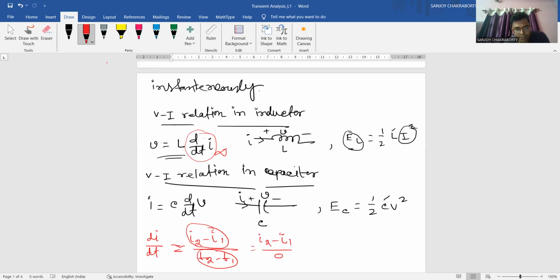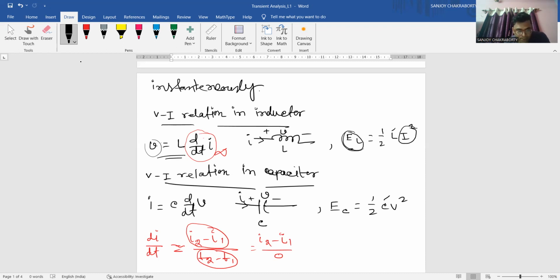That means to change current instantaneously in inductor, in zero time, we need an infinite voltage, which is practically not possible. That's why current in an inductor cannot change instantaneously, and energy in inductor cannot change instantaneously. It takes some time.